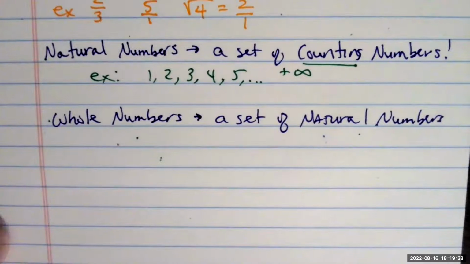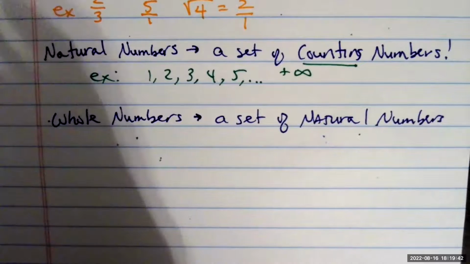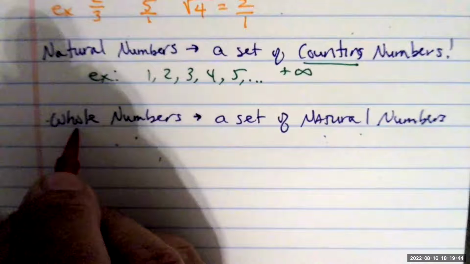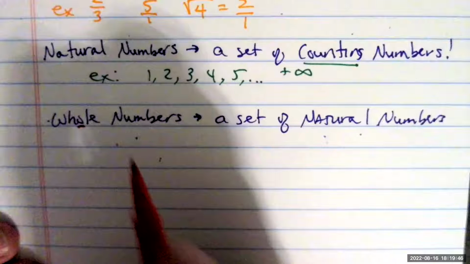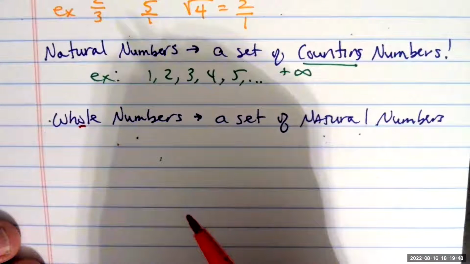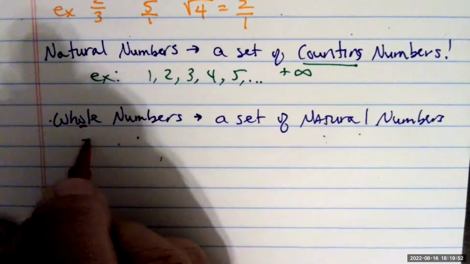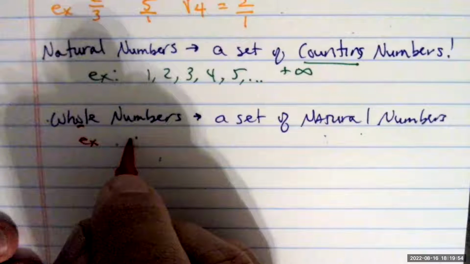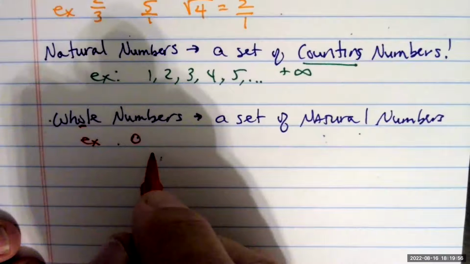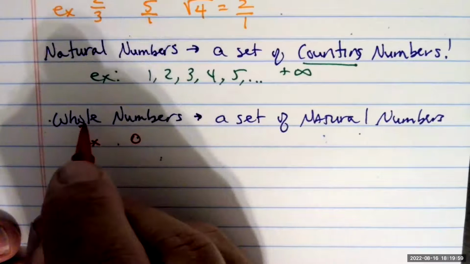So the way I usually tell kids how to remember this, so they don't get it mixed up with the natural numbers or the counting numbers, is if you look right here, there's the letter O in whole. Oh, that sounds weird. All right, so for example, you have 0 as your starting number, just like that right there.